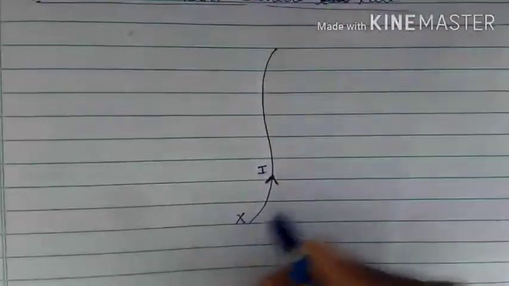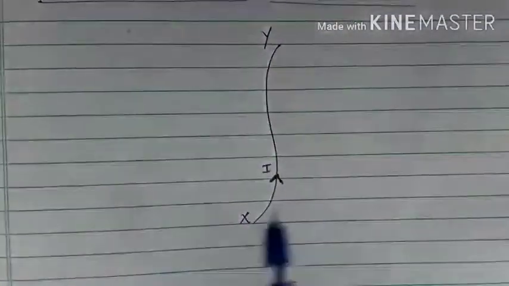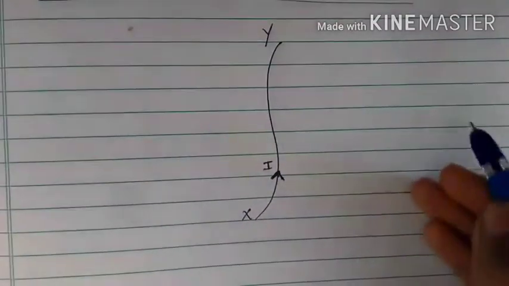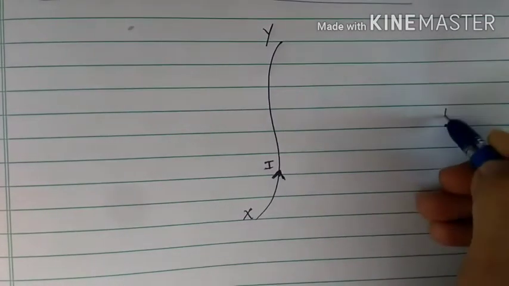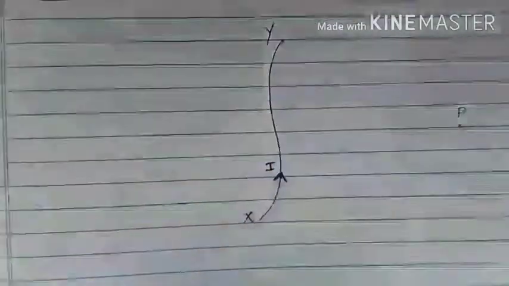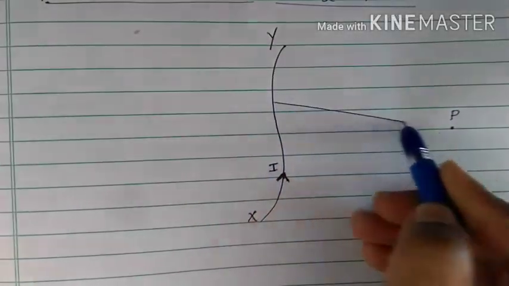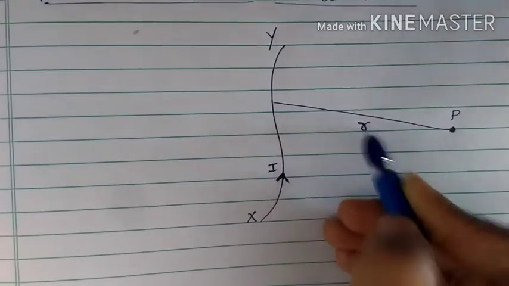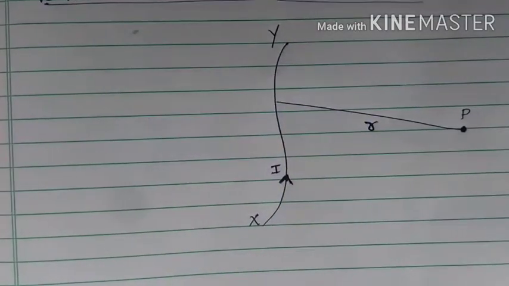This is point X and this is Y. Now there is a point P. Let this point P be at a distance R from this conductor or the current element. So this is R.